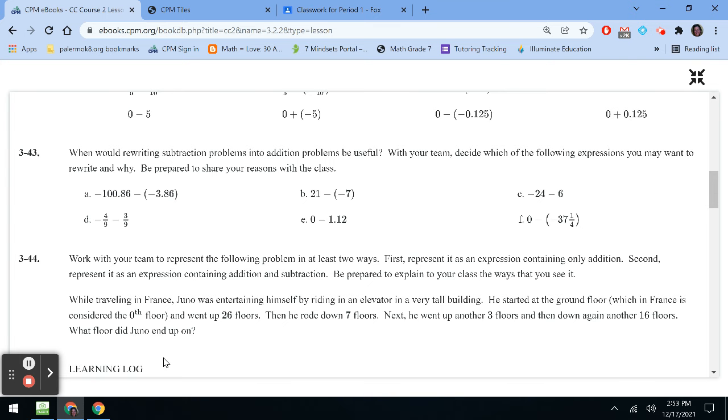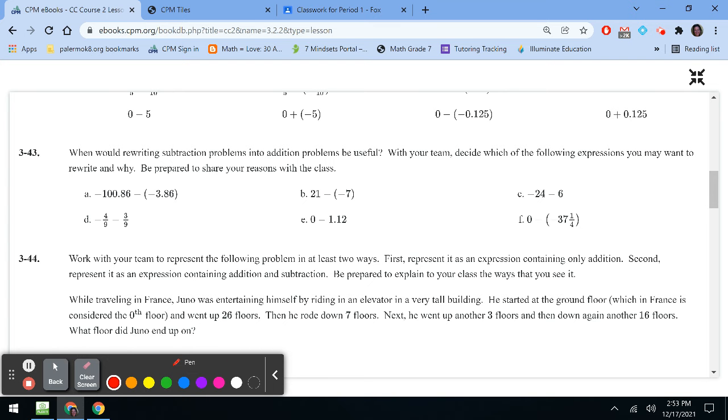It says I have negative 186 hundredths, and I'm going to remove the opposite of 3 and 86 hundredths. I would make the argument that rewriting that problem as an addition problem would make it easier. Of course, I can't use my integer tiles with decimals. I would need to use either a Cecil diagram or a number line.